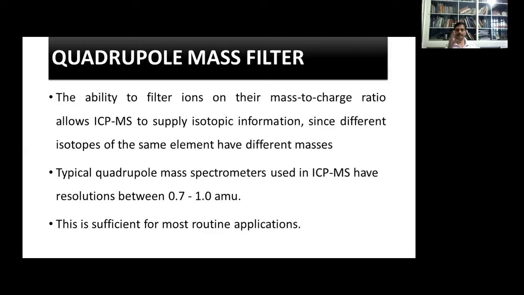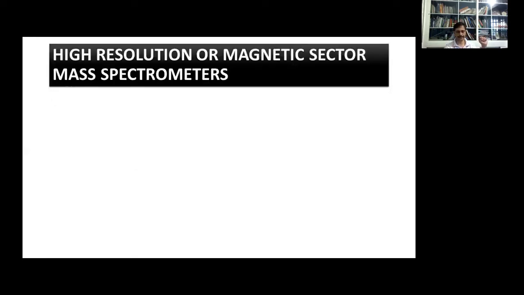As MS works based on mass to charge ratio, charge may be the same, but mass changes. That is why different isotopes can be separated here. Typical quadrupole mass spectrometers used in ICP-MS have a resolution between 0.7 and 1 AMU. So this is sufficient for most routine applications.